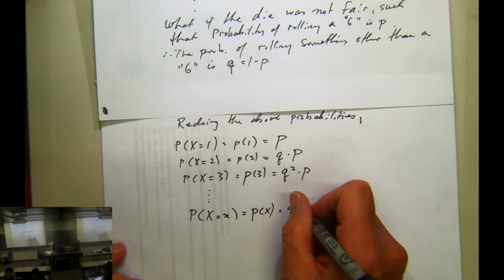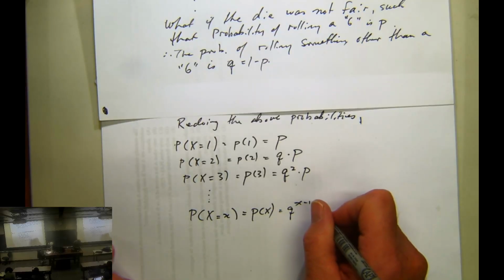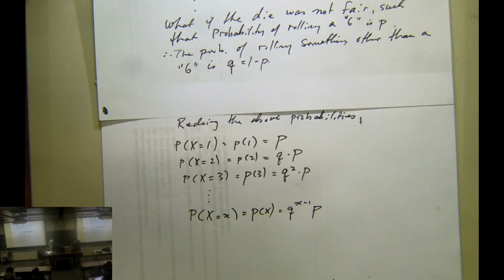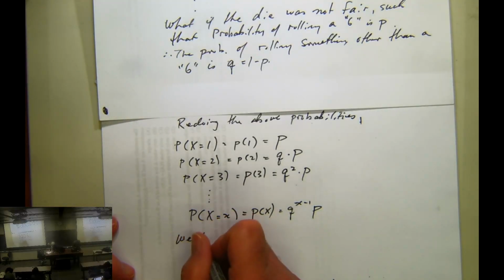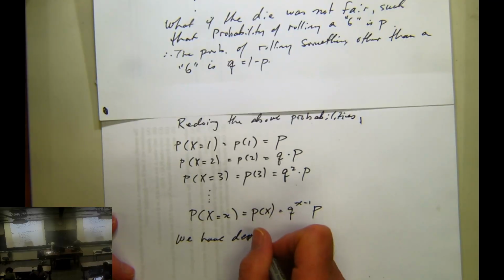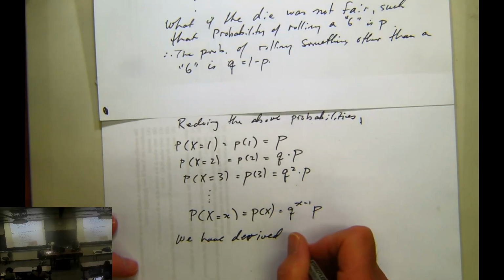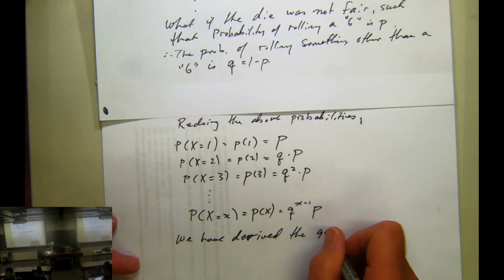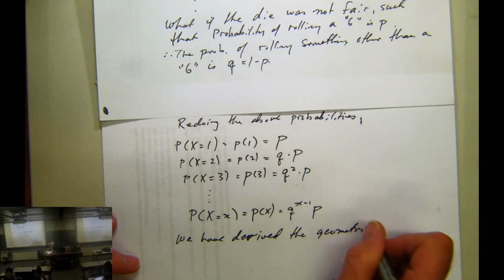So this is going to be q to the x minus 1 times p. So what we've actually done is we have derived the geometric distribution.